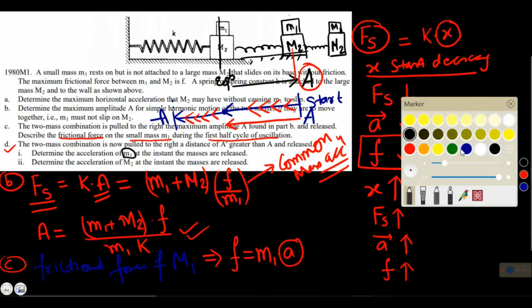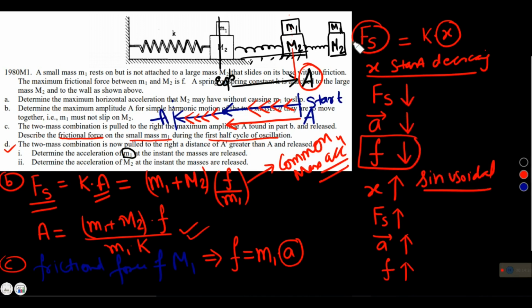We have to find, please see, this was your M1, this was your M2.